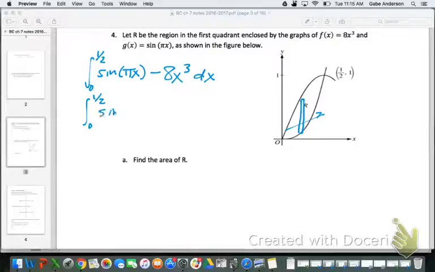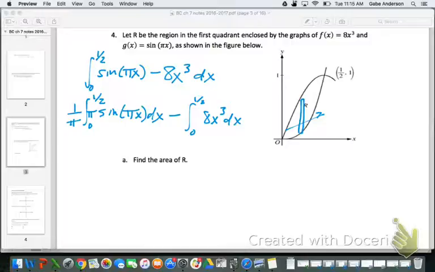So I would split it up. Sine of pi x would have its own integral, and then 8x cubed would have its own integral as well, like so. Split it up into two different parts. I would need an extra factor of pi in here, so I'd multiply the outside by 1 over pi. You could do u substitution or the chain rule adjustment there.